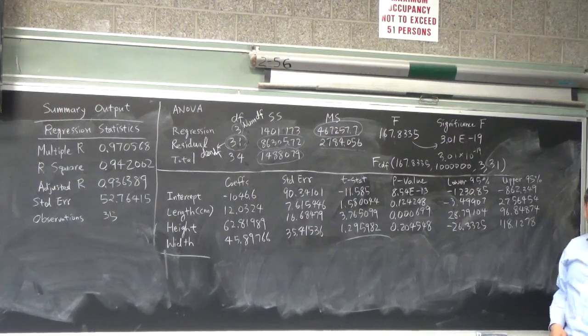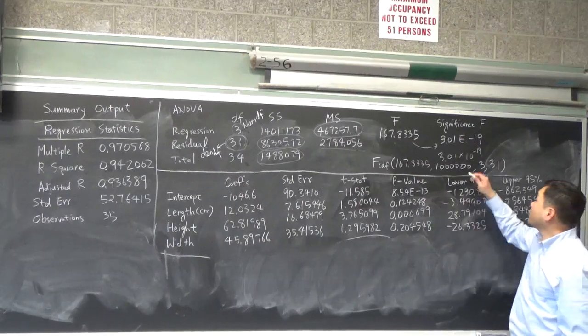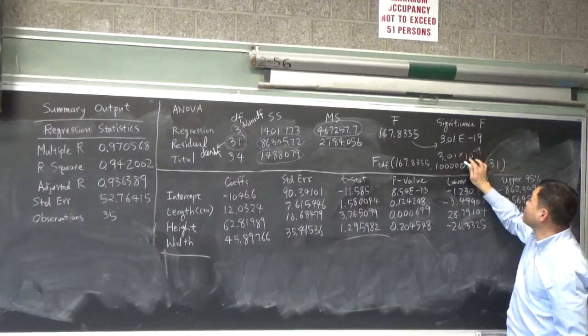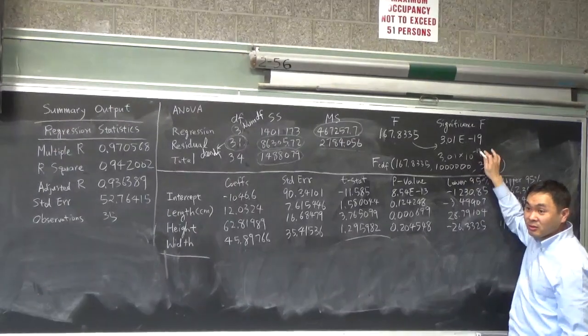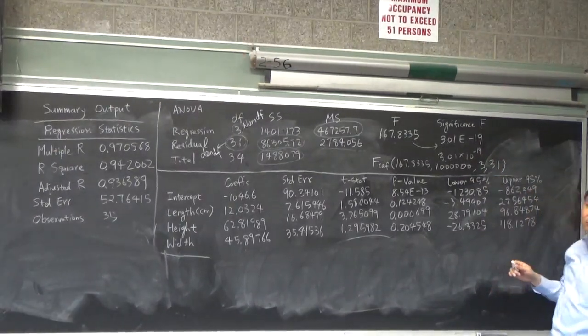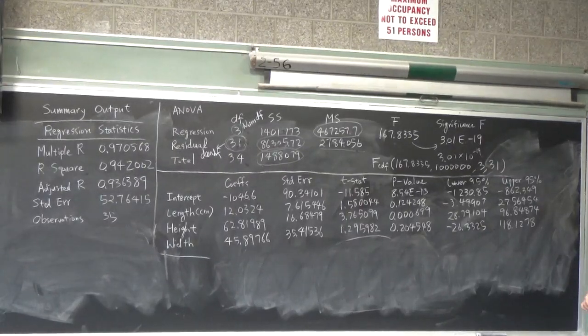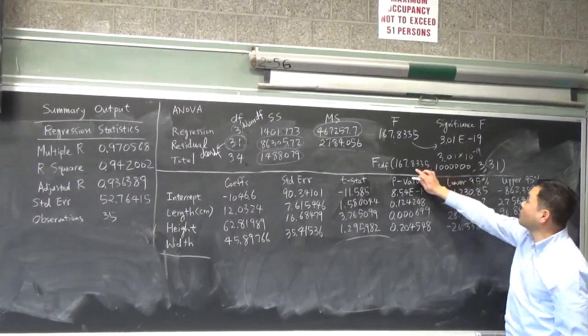And in your calculator, whenever you see E negative 19, that means 10 to the negative 19th power. You should know that, okay? You have any question? Yes? Where did the second number come from in the CDF after the 160?